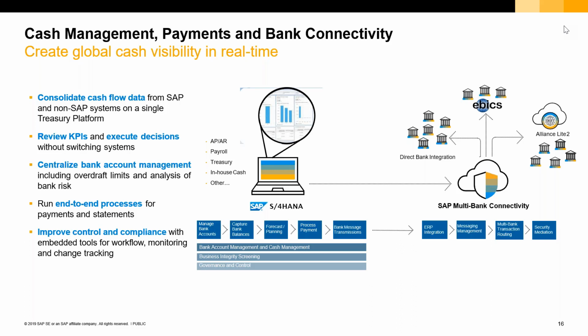That whole bundle interacts seamlessly with the cloud solution, which we call multi-bank connectivity, which is more like a consolidator, like a gel that bonds the corporate treasury cloud system with the external parties, which include banks, or if you're using Swift as your connectivity tool, it also has standard delivered plugins for Swift Alliance Lite 2 application.